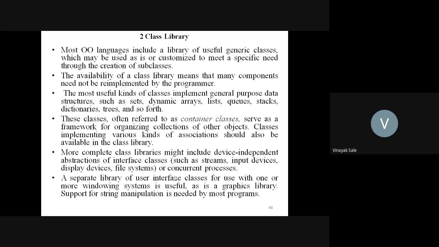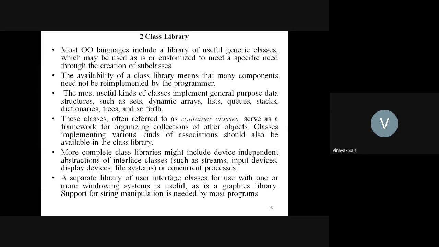Classes implementing various kinds of associations should also be available in the class library. More complete class libraries might include device independent abstractions of interface classes such as streams, input devices, display devices, file systems, or concurrent processes.